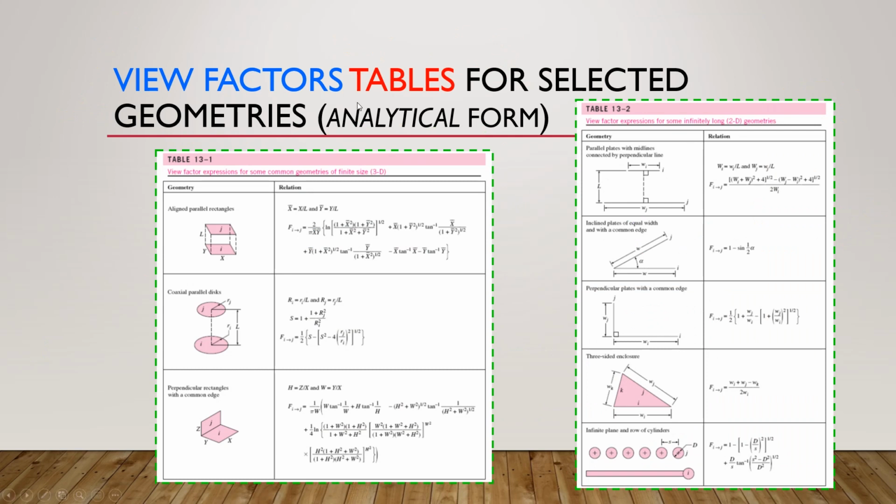So there are 4 tables actually that you will refer to in order to calculate the view factors. Table 13.1 has different geometries. For example, if you want to find the view factor between these two surfaces, where i is the source, for example 1 to 2, and the geometry of your question is rectangular, and you want to find the base to the y-axis, this area to this area, you will use this kind of relation in order to find Fi to j.